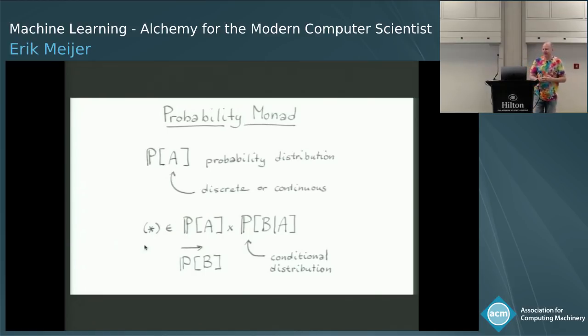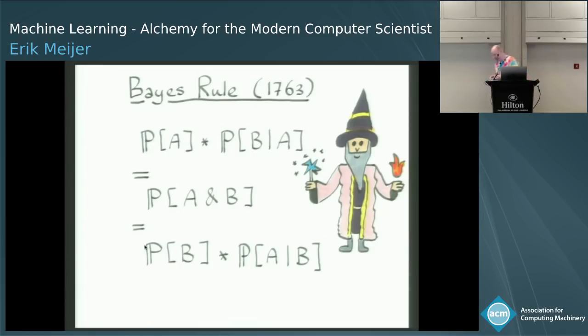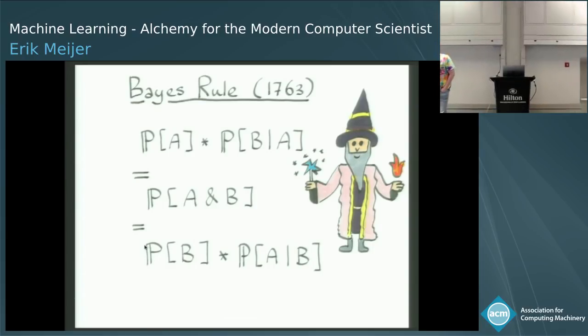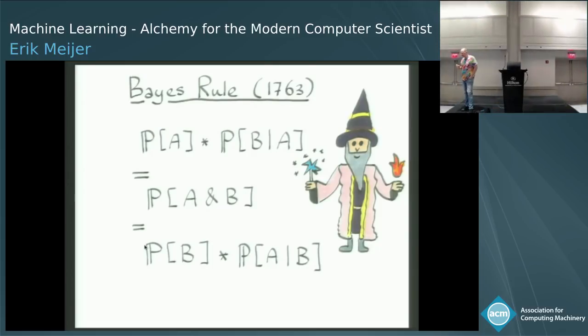And so this is the probability monad. I won't talk much about it, except that a lot of what people do with the probability monad is based on Bayes' rule.